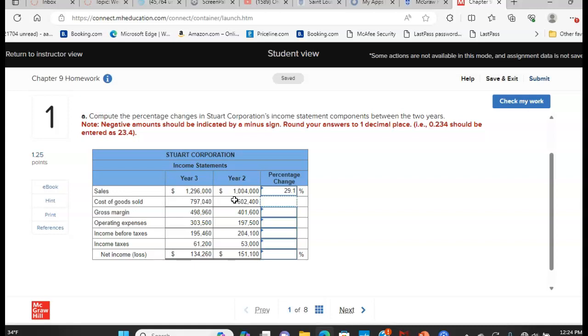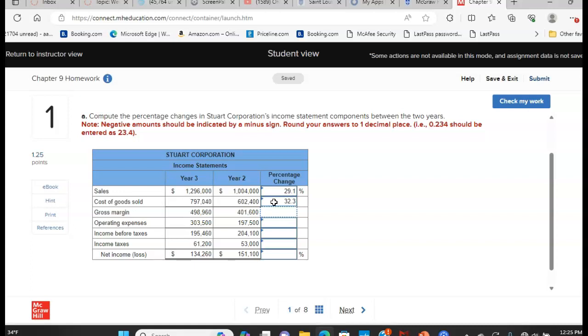That gives you 0.3231, which is going to be 32.3% rounded to one decimal.